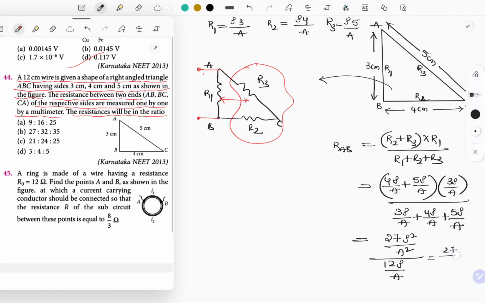Answer is 27 divided by 12 rho by A. So this is the resistance between A and B terminals.